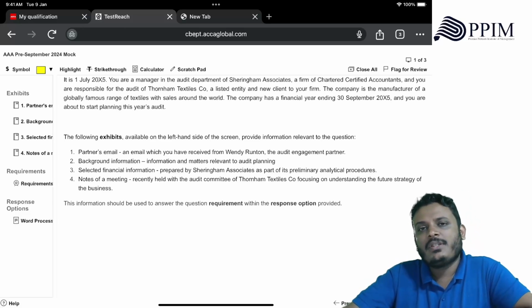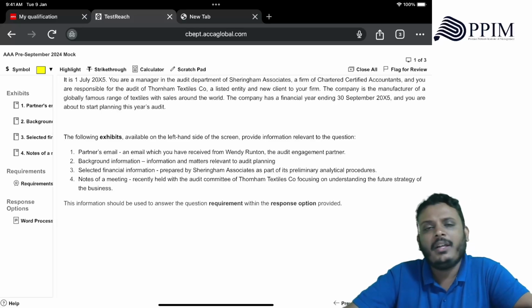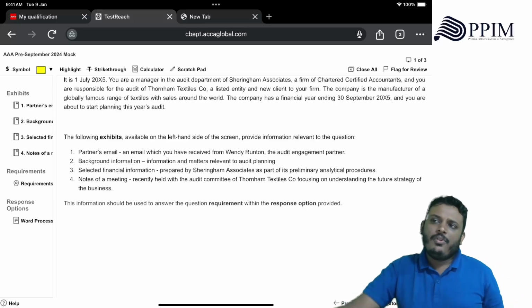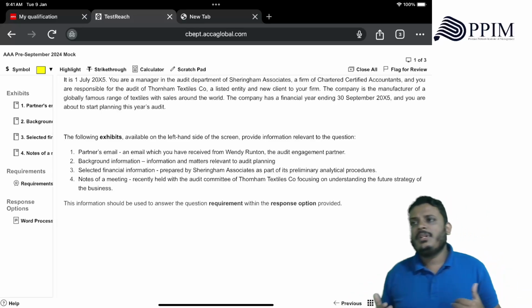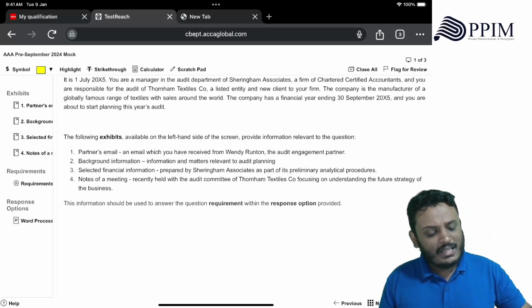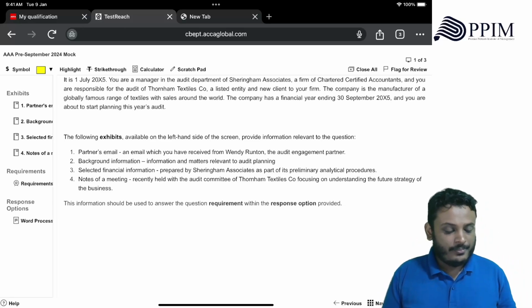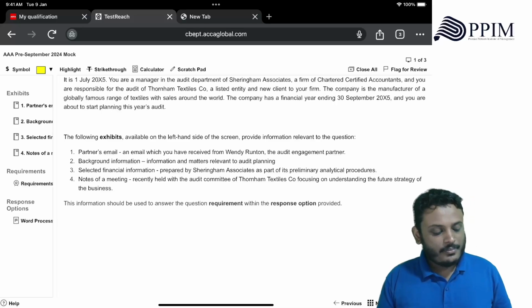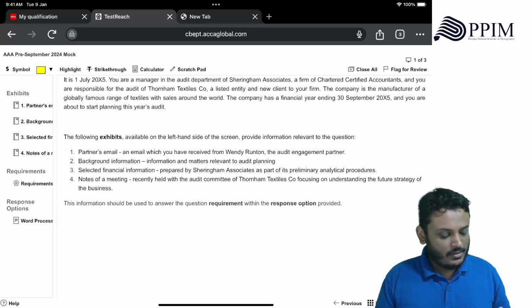Best value service, value for money service, management audit, IT audit, system audit, financial audit, organizational audit, forensic audit, compliance audit, all these works are done by whom? Internal audit. Therefore, before we rely on internal auditors' work, it's our duty to understand what is their scope.